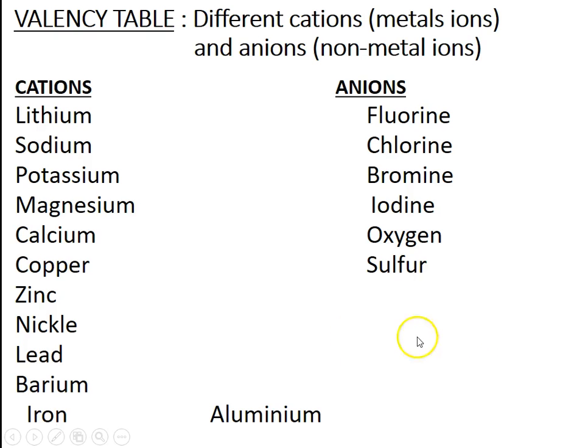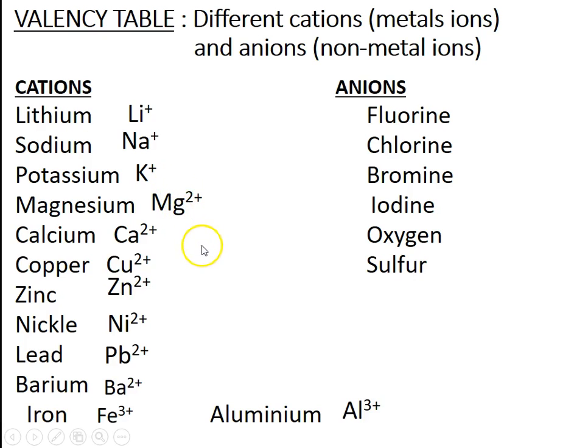Okay, so our ions, we need to be familiar with all the cations, positive ions, and all our anions, negative ions. As you remember from the previous video, these have lost electrons and these have gained them.